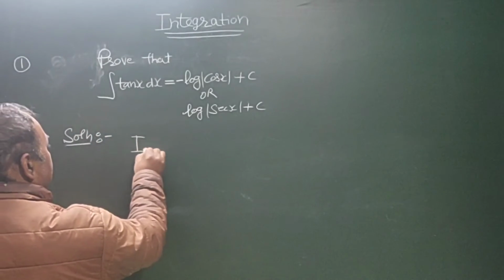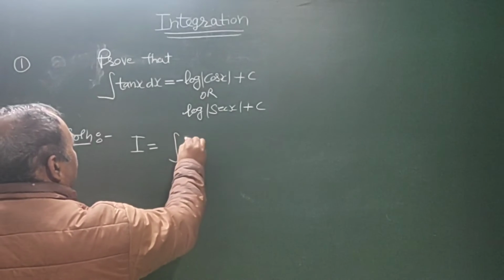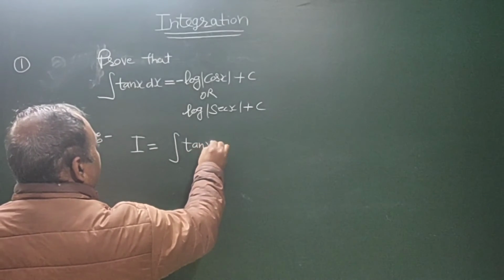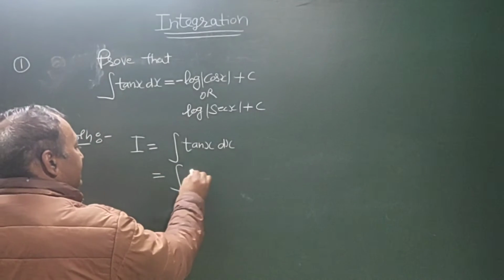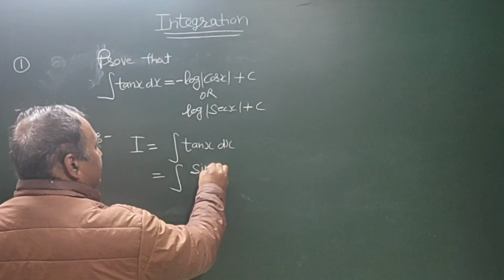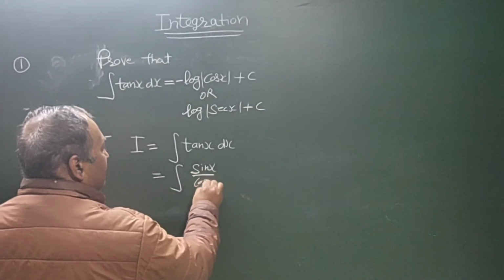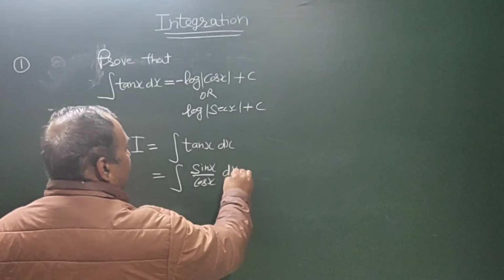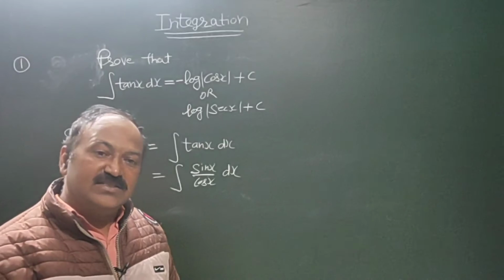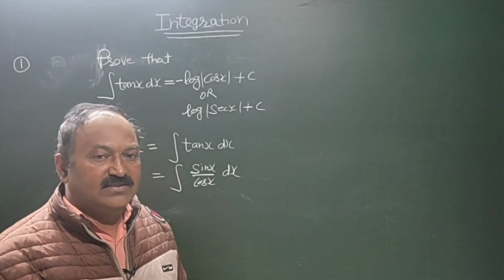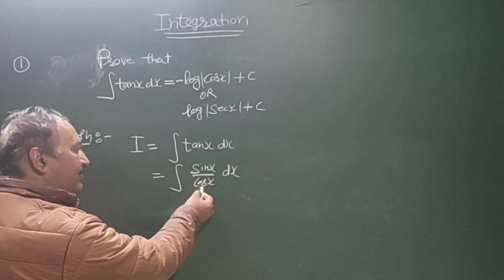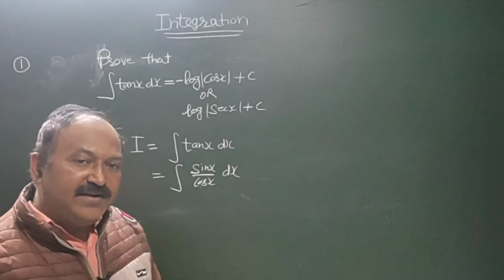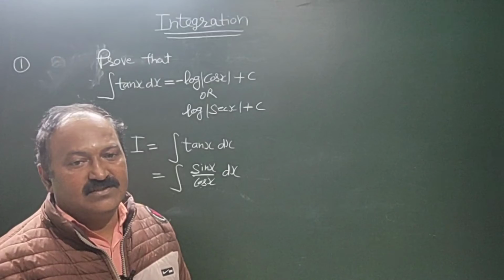Let I is equal to integration of tan x into dx, that can be written as integration of sin x upon cos x into dx, because tan x is equal to sin x upon cos x. Here in this question, at the denominator we have cos x and at numerator we have sin x.